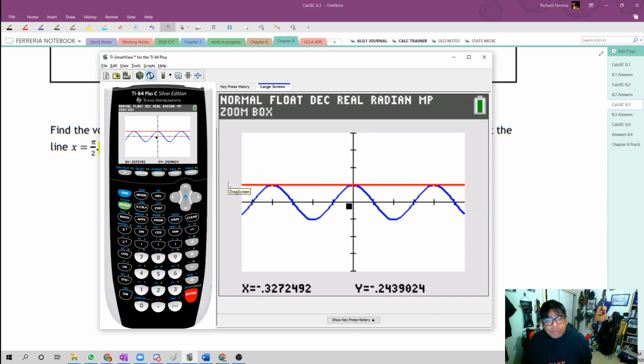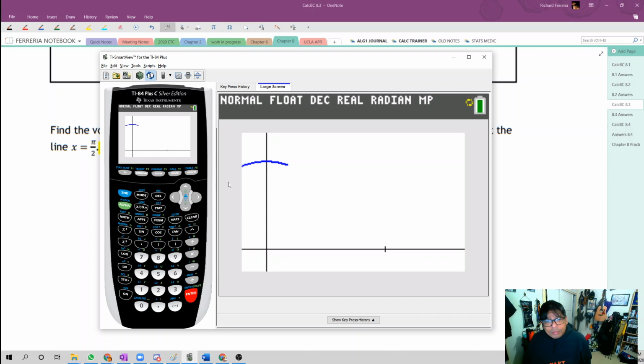I'm going to push zoom box, cursor over from the bottom left corner to the opposite diagonal corner, right over here, and try to make this look like the shape of the screen. I'm going to push enter, and it's going to zoom only on the part where I have drawn a box. Looks pretty good.